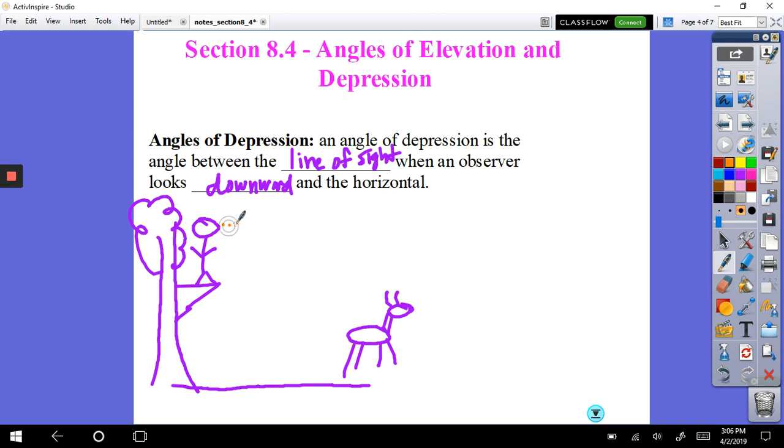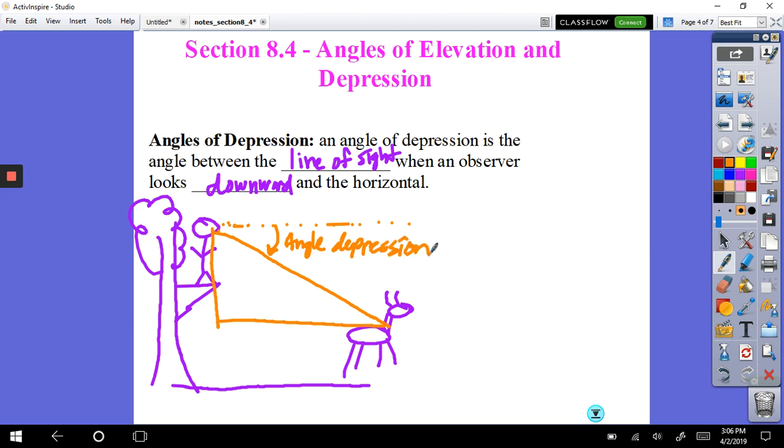Okay, so if we extended this down through here and made a right triangle down to the deer, we'd call this angle the angle of depression. But it just so happens that this angle is congruent to this angle, which would be the angle of elevation from the deer up to the person.